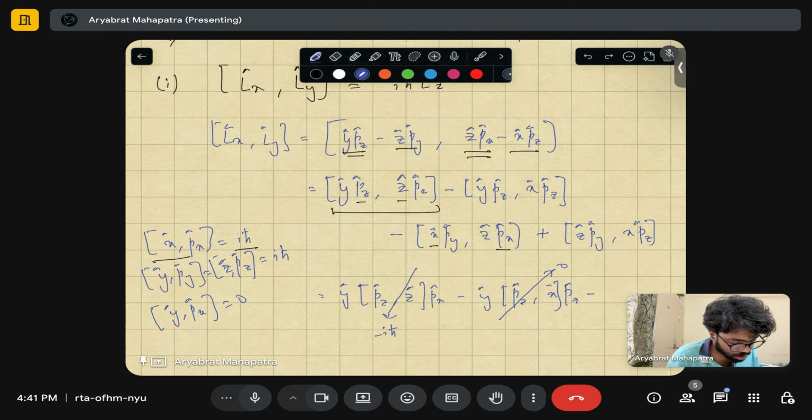Then from the other term you again have x py, but it's px py, xpz, zp.